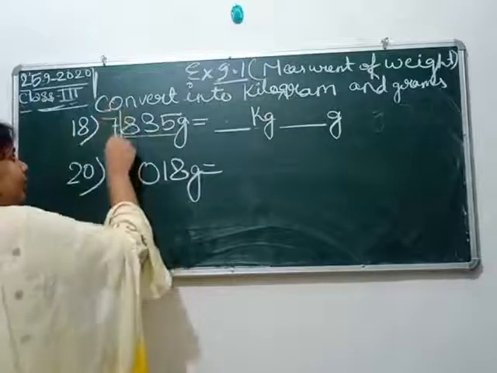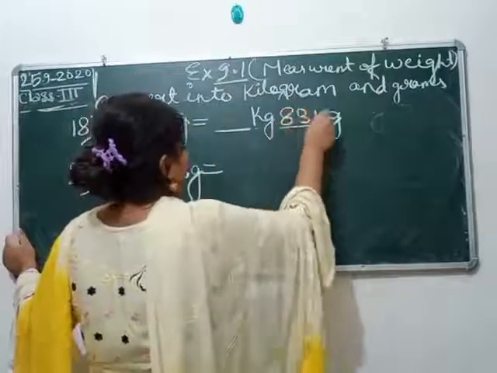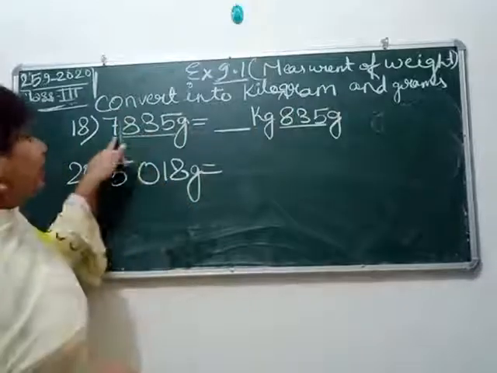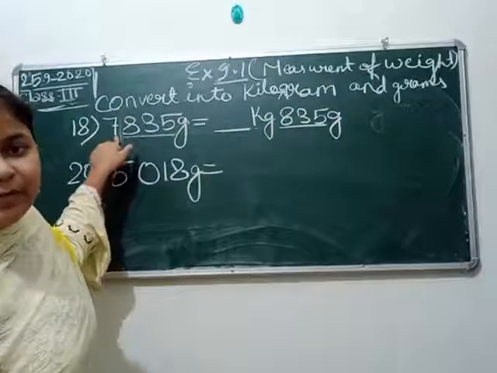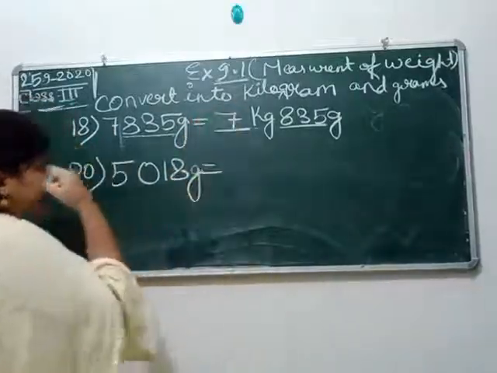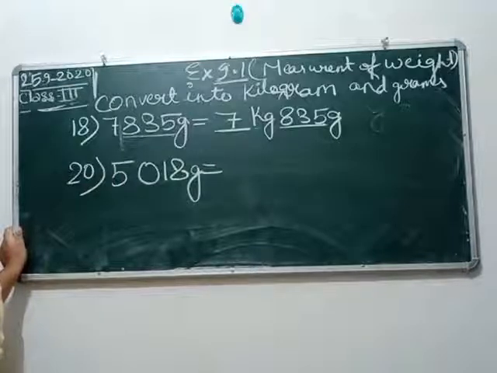We will separate these three numbers. So 835 gram you will get, and we are left with 7. So our answer is 7 kg and 835 gram.